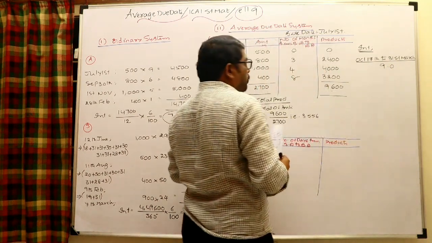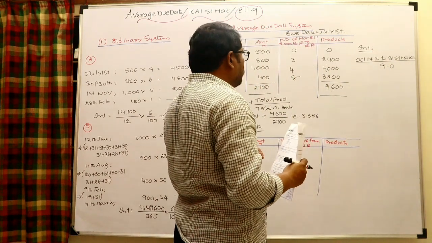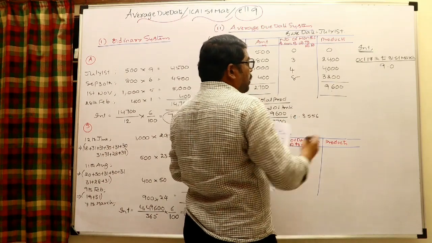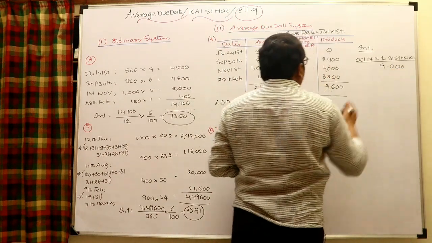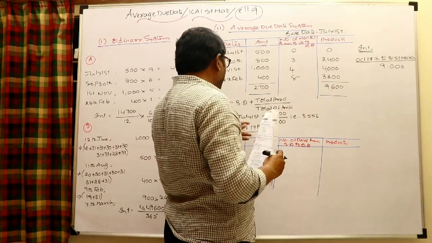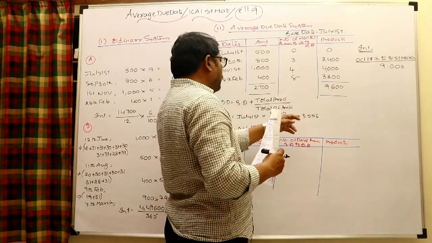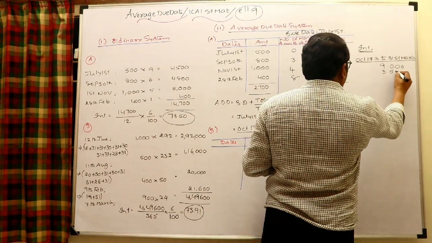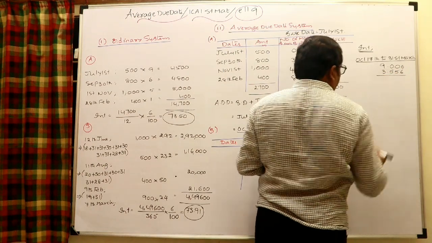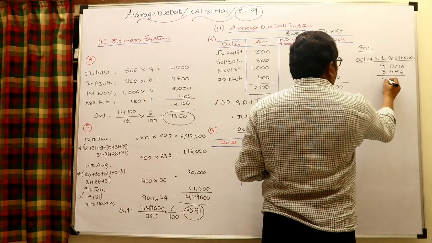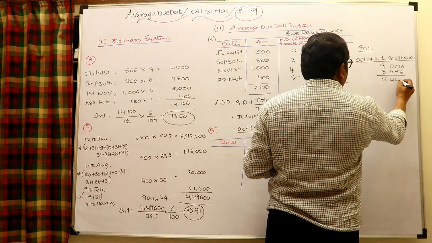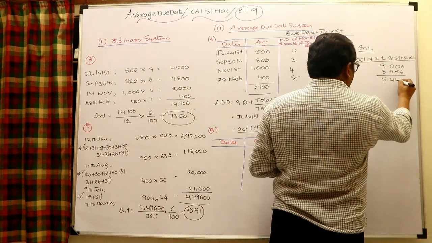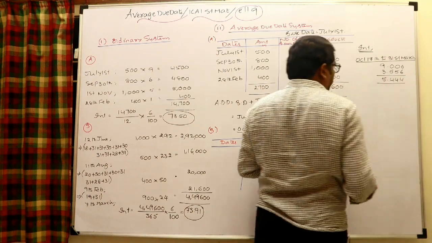Actually 9 months, in the sense already from July 1st to October 17th we know that 3.556 months are already over. Therefore we can say 5.444 months still remain.